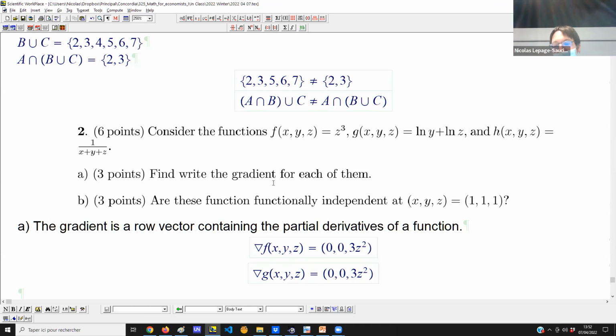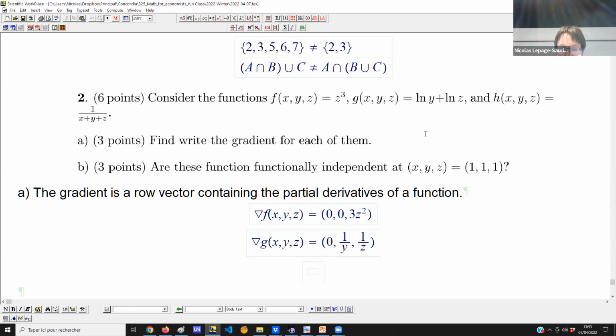It's just a convention. So the partial derivative here is 0, then 1 over y, and then 1 over z.